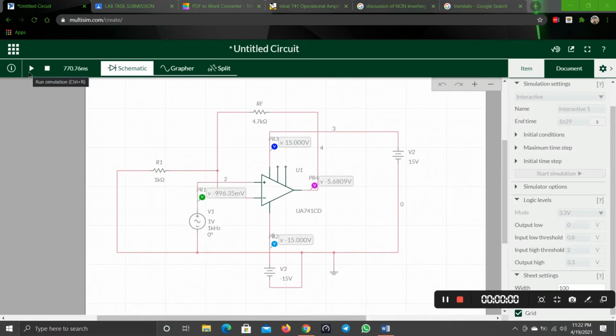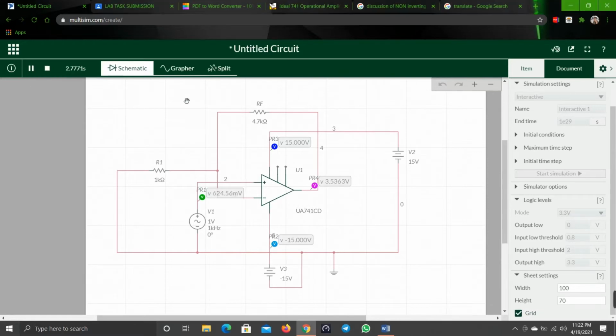So this is my part B, which is the non-inverting amplifier. This is my circuit for resistance 4.7 kilo ohm. So let's go to the next step. Firstly, we run it.